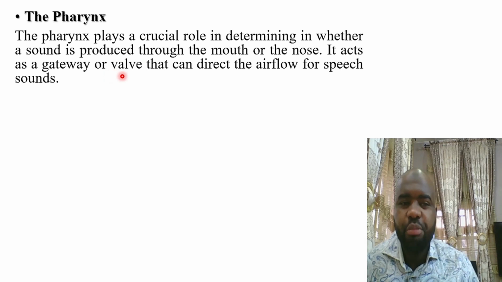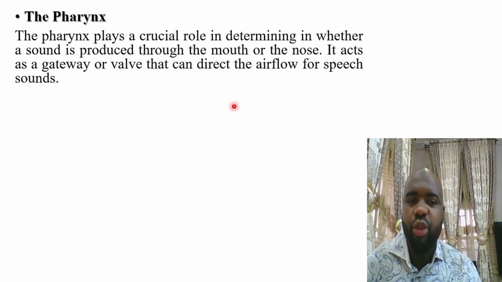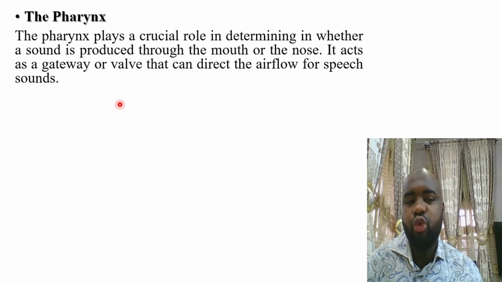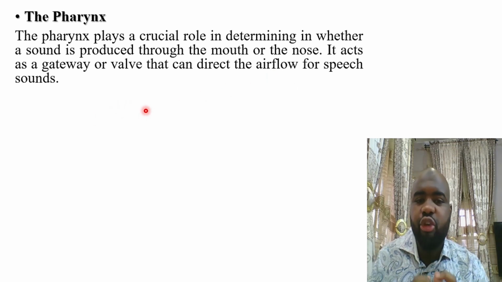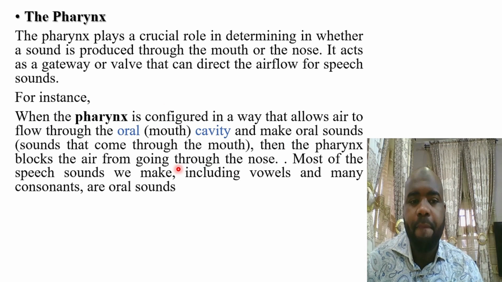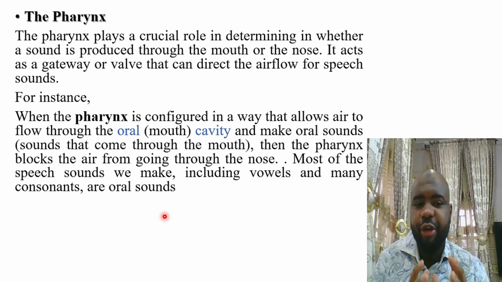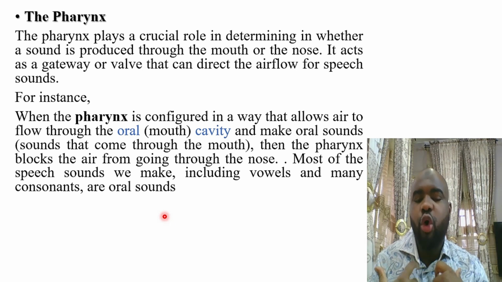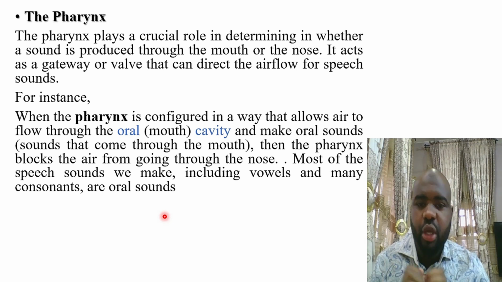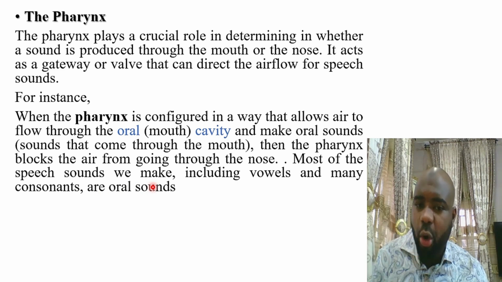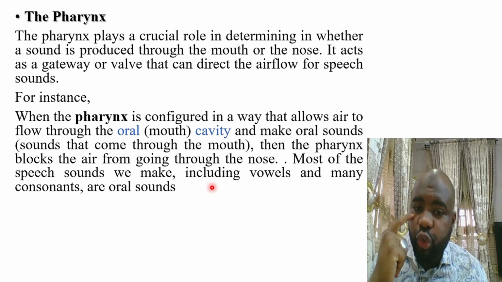The pharynx plays a crucial role in determining whether a sound is produced through the mouth or the nose. It acts as a gateway or valve that can direct the airflow for speech sounds. For instance, when the pharynx is configured in a way that allows air to flow through the oral cavity, which is the mouth, and make oral sounds, then the pharynx blocks the air from going through the nose.